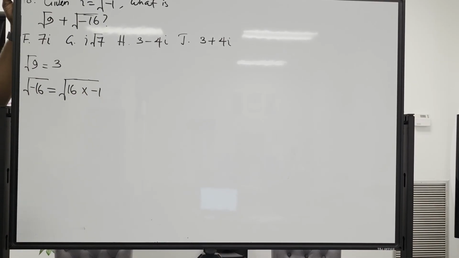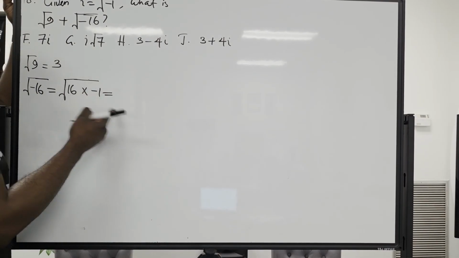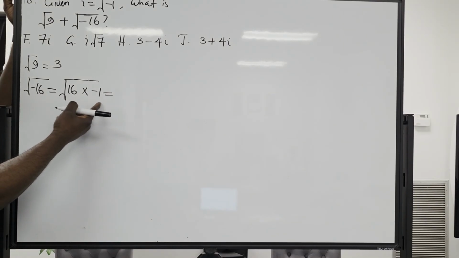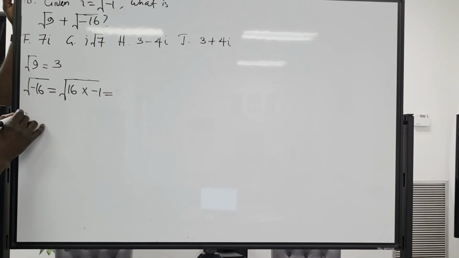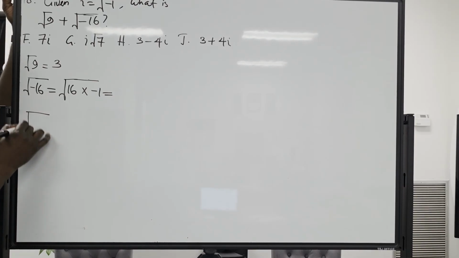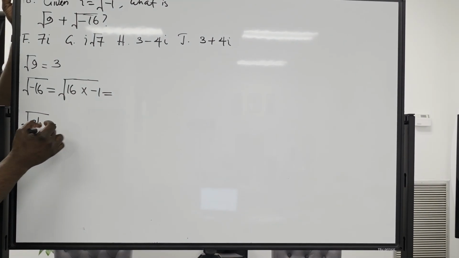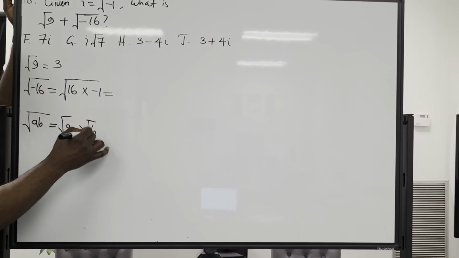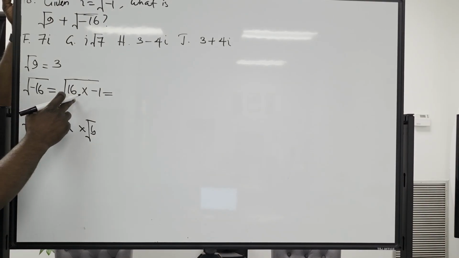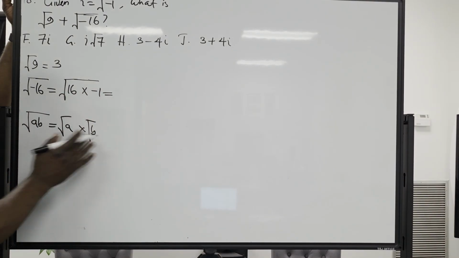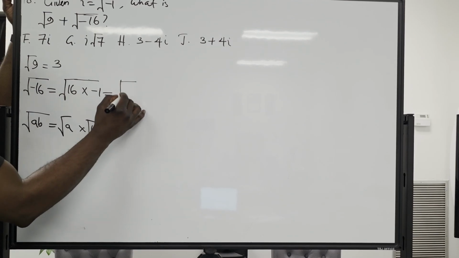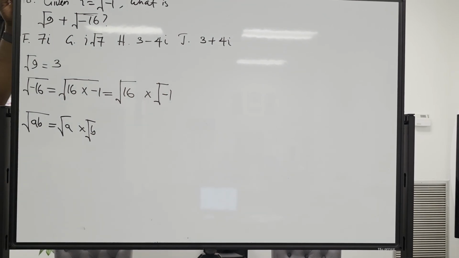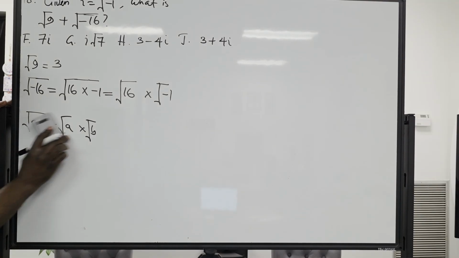You can split this in surds: the square root of AB becomes the square root of A times the square root of B. So this becomes the square root of 16 times the square root of minus 1.